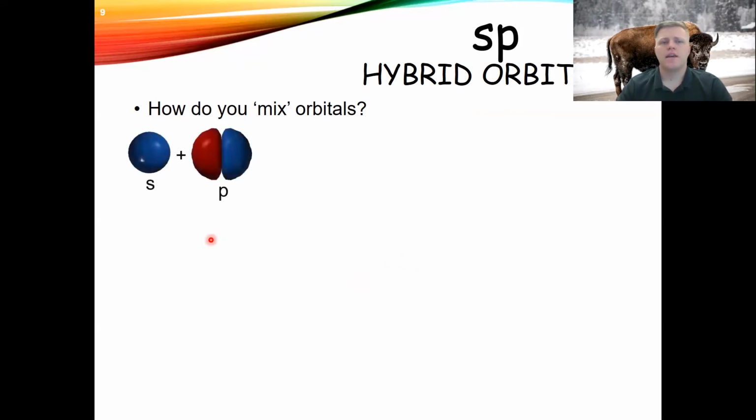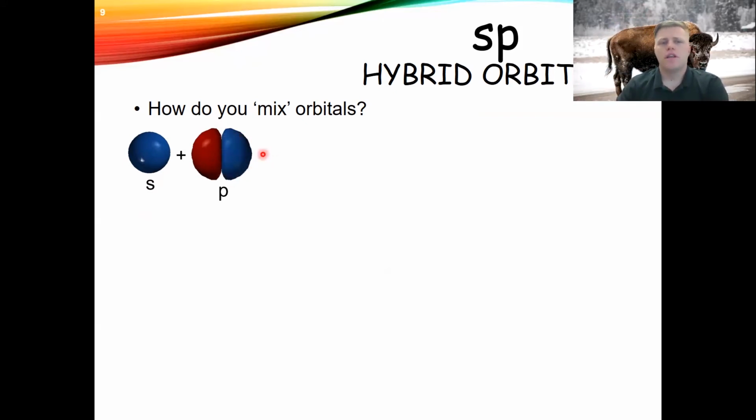So this is the idea. We're just going to take an s orbital, and we're going to combine it with a p orbital. Now you'll notice in this p orbital, we've got a red region and a blue region. What this corresponds to, remember these are three-dimensional waves, and the wave has an amplitude. Sometimes that amplitude is positive or above zero, sometimes it's negative below zero.